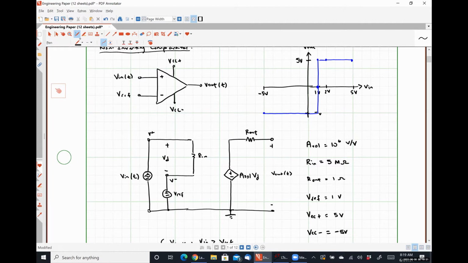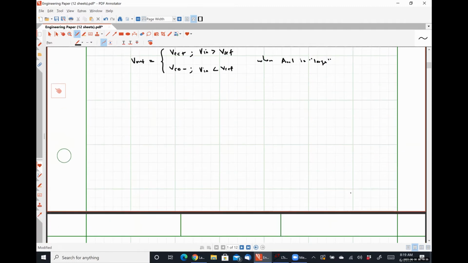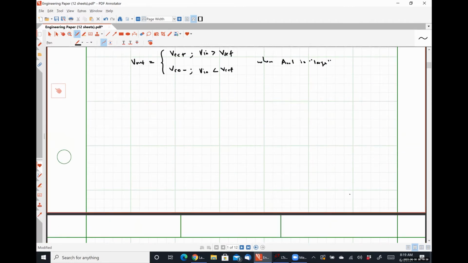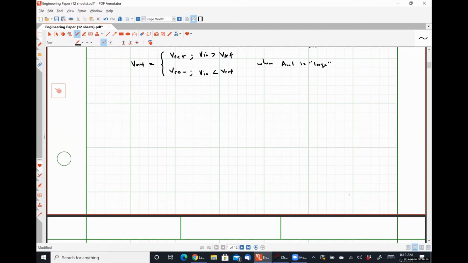So let's change things slightly. I think there's enough room here. Talk about an inverting comparator. All right, so in an inverting comparator circuit, it's going to be very similar to what we just had.